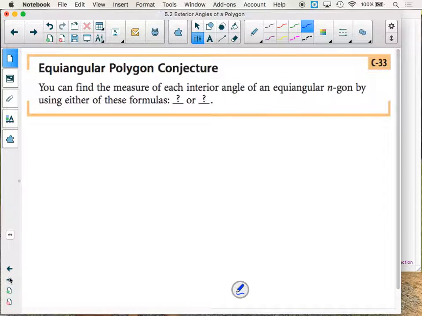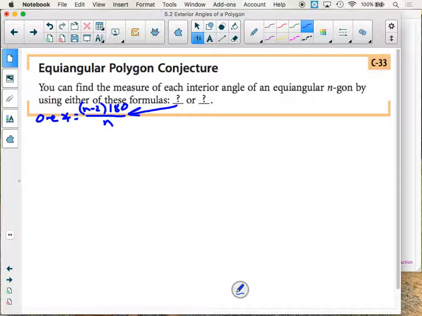So from there, we can develop a couple things about these equiangular polygons. If we want to find the measure of each interior angle, we can use either of these formulas. Oh boy, we need two. Well, we just came up with one of them. One of them was from the polygon sum conjecture, which said that one angle was equal to n minus 2 times 180 divided by the number of sides or the number of angles. But there's another one as well. Let's play with that one a little bit.